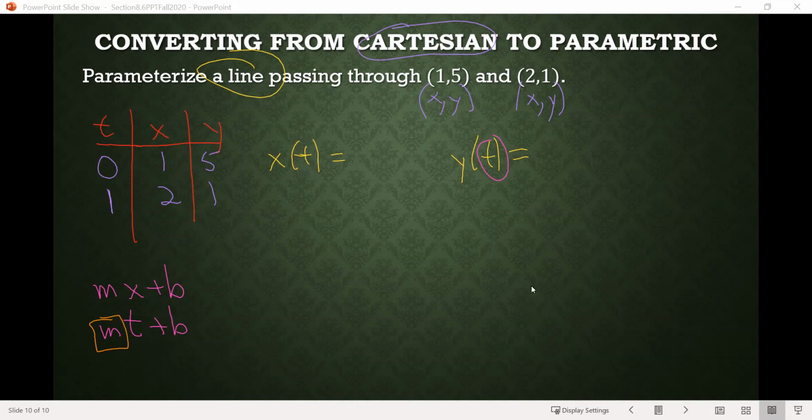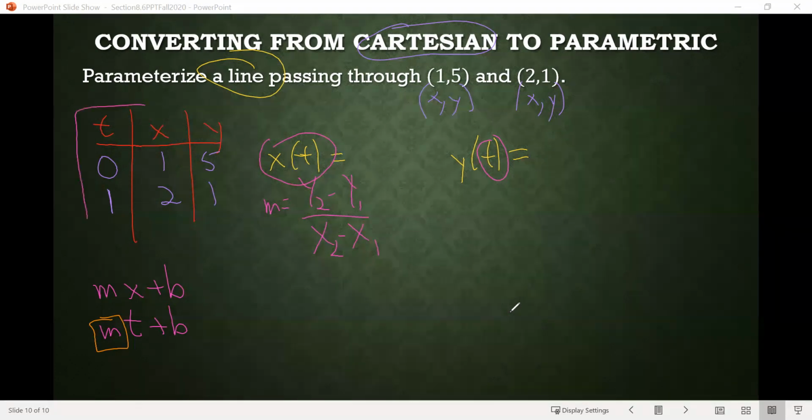Now also, when we find slope, we usually use that standard equation, m equals y2 minus y1 over x2 minus x1. However, there's a problem. If we're doing x of t, what we're really looking at is just the x coordinates and the t coordinates.